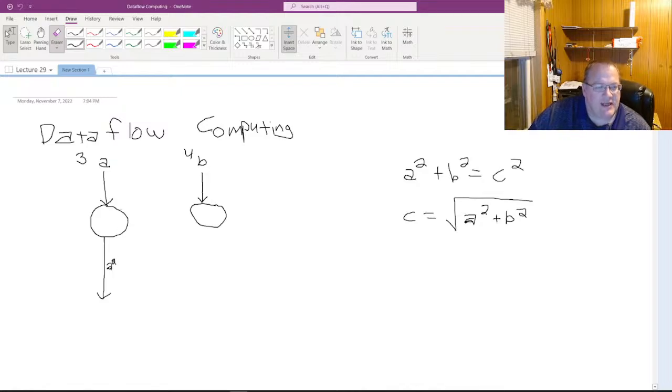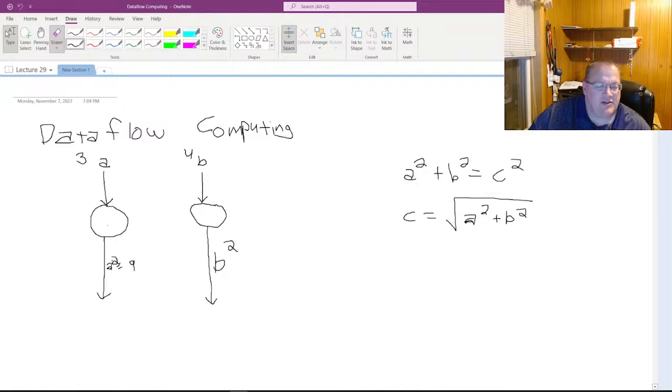And since that's the only input, that looks a lot like A squared. And this one is B squared. Because it only has one input, it's going to go ahead and do that calculation. And in this case it's going to push the value 9.